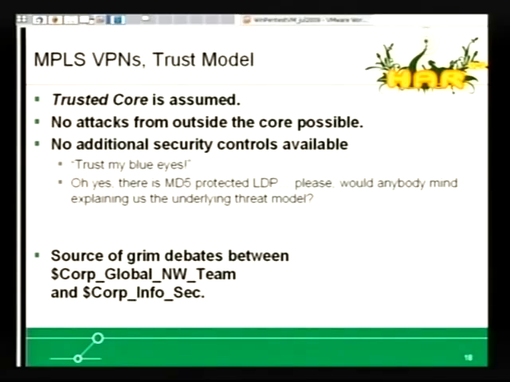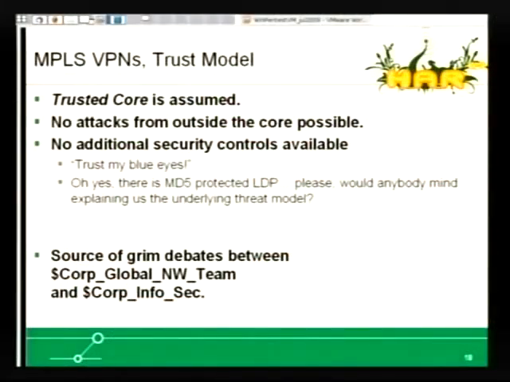But this means by the design of the technology, there is no attack from outside the core possible, because outside the core is only a customer network, and this will be forwarded transparently. But there are no additional security controls available. So you can't say, please secure this MPLS VPN with that key, something like that.